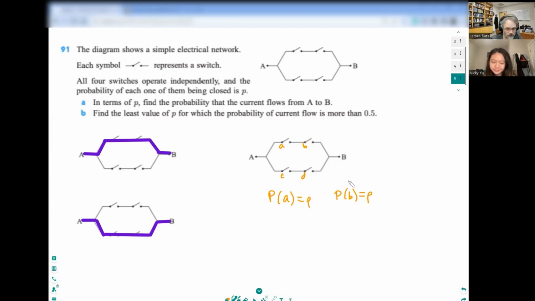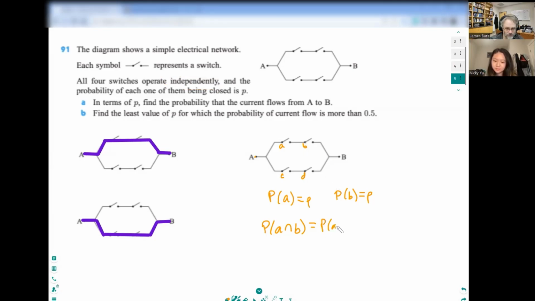Good. Now, if I'm going from A to B, I need to make sure that these things are closed. In other words, what's the probability of A and B, of these 2 events happening? Put in set notation, let's say it like this. Probability of A and B. Look right here. They're independent. Multiplication rules in play.